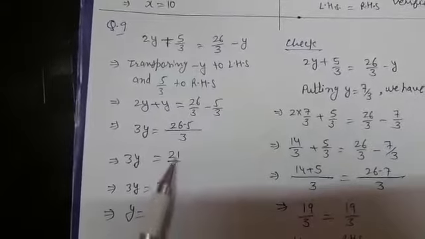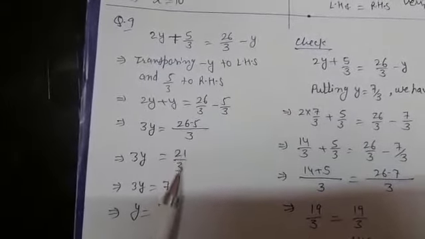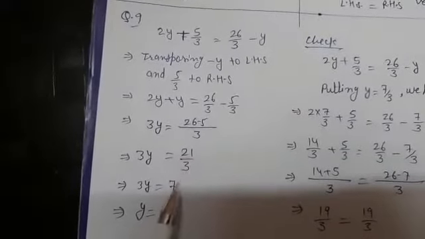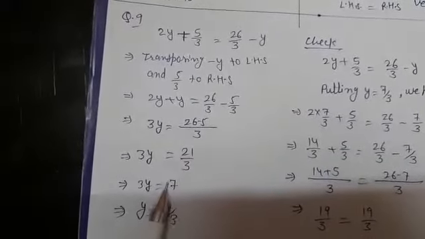First 21 divided by 3 we get here 7. 3y equal to 7, so y equal to 7 by 3. This time we have found out the value of y, that is 7 upon 3.